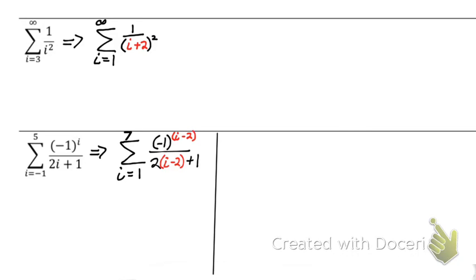So once again, I'm going to put, if adjusting up 2, we're going to replace I with I minus 2.